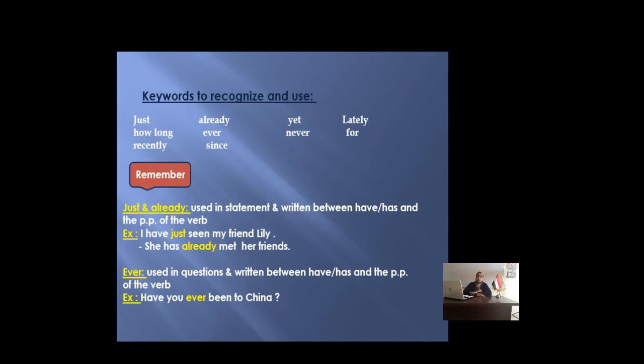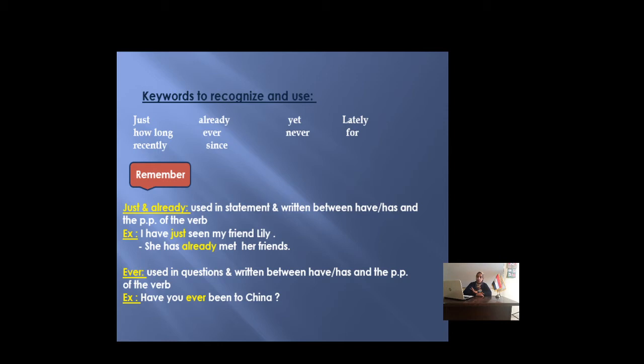As we know, you have to use keywords to know which tense you are in. So our tense here, as we said, is the present perfect tense. What are its keywords? To know that you are in the present perfect tense, you have to see one of these keywords in the sentence.